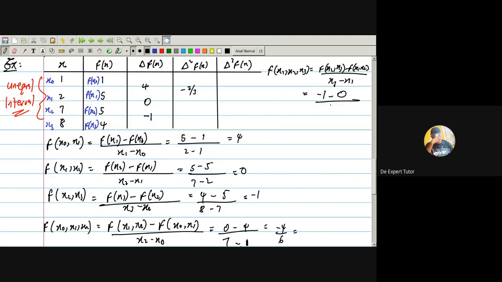What's my x3? 8 minus 1. And that's minus 1 over 7. Minus 1 over 7. So lastly, what we said was f of x2, x3 minus f of x1, x2 all over x3 minus x1, right?